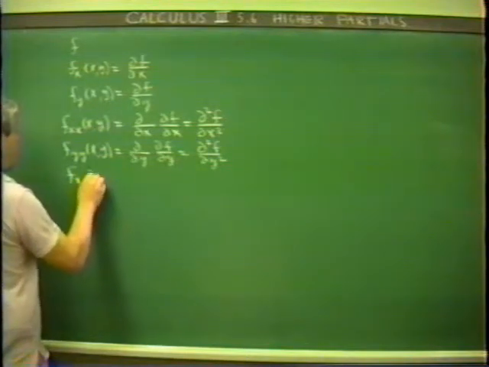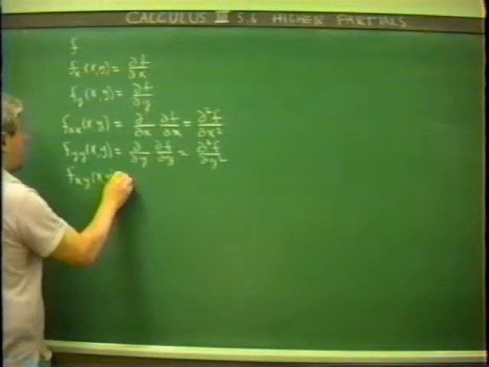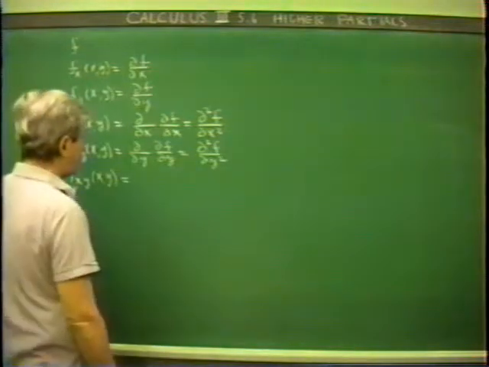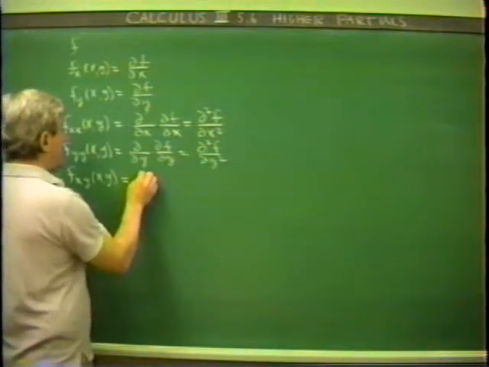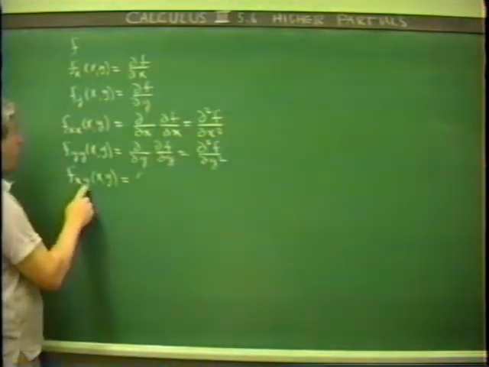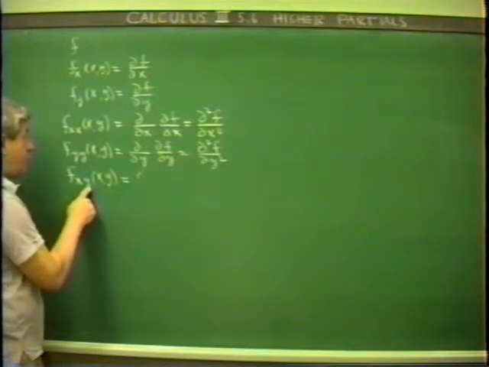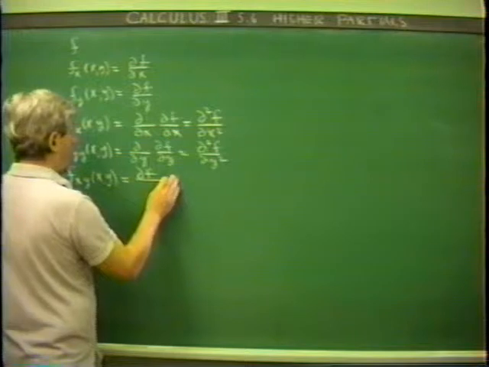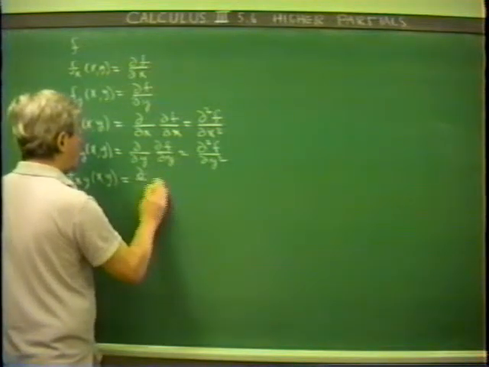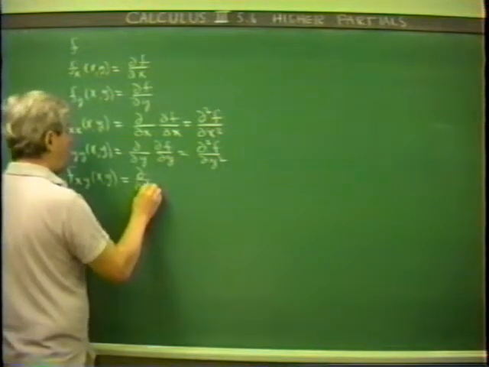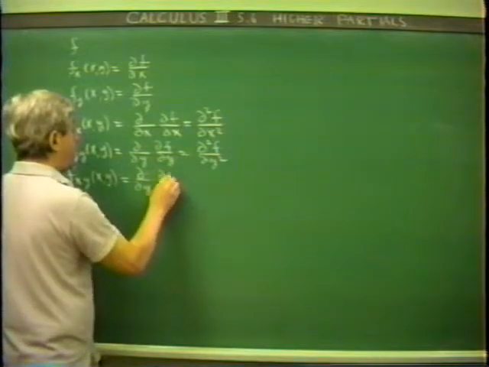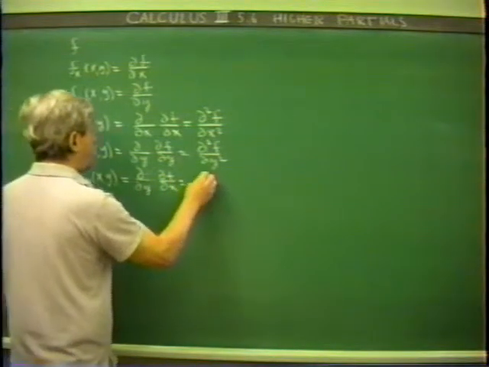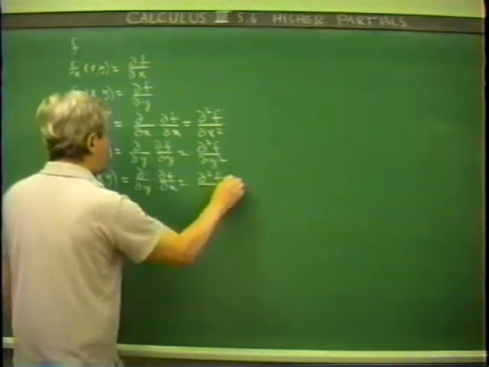The partial with respect to x and then with respect to y at x and y is written like this. This is with respect to x first and then with respect to y. I say this is the partial with respect to y of the partial of f with respect to x.